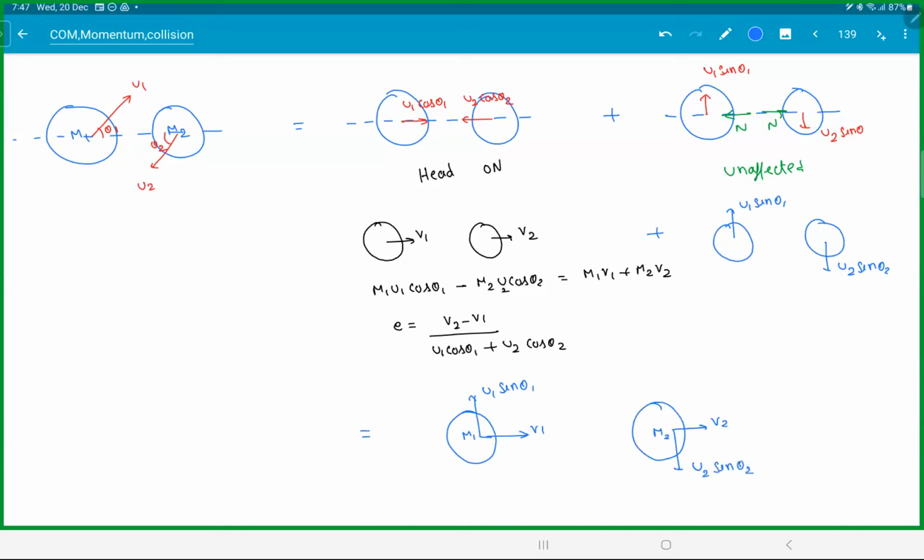That's your final answer. So basically it is a head-on plus simply two perpendicular components. If you just remove the perpendicular components, it's a head-on collision, and that you know how to do. Have a look at this process. So that's what I was saying. If your head-on is good, oblique is not much.